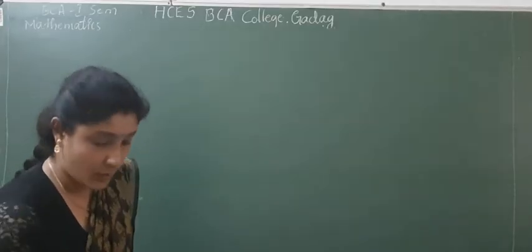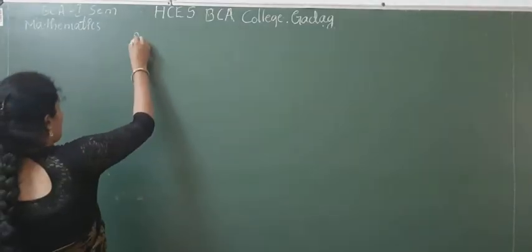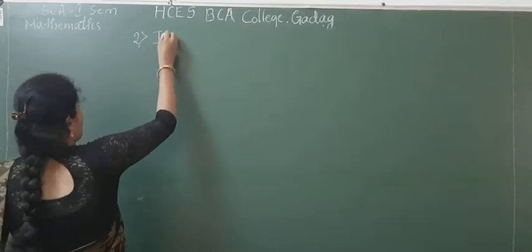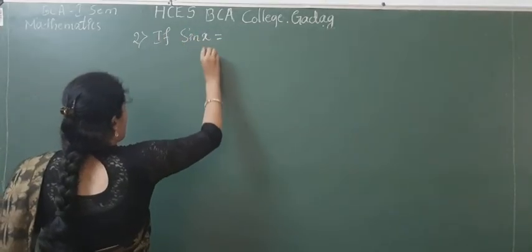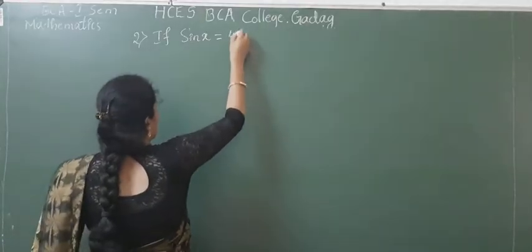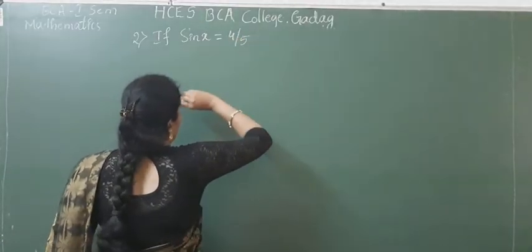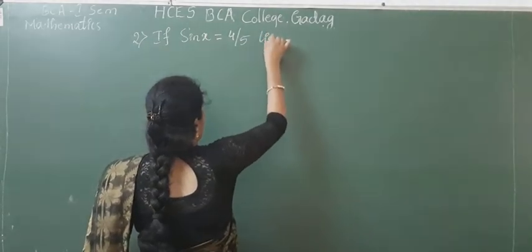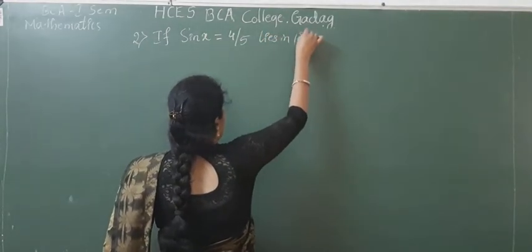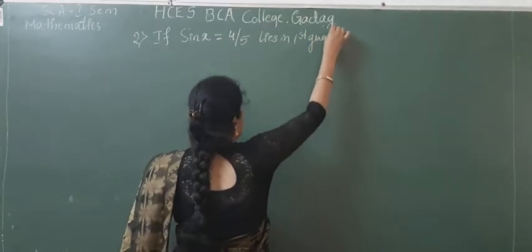Okay, so the second one is: if sin x is equal to 4 by 5 and lies in the first quadrant.